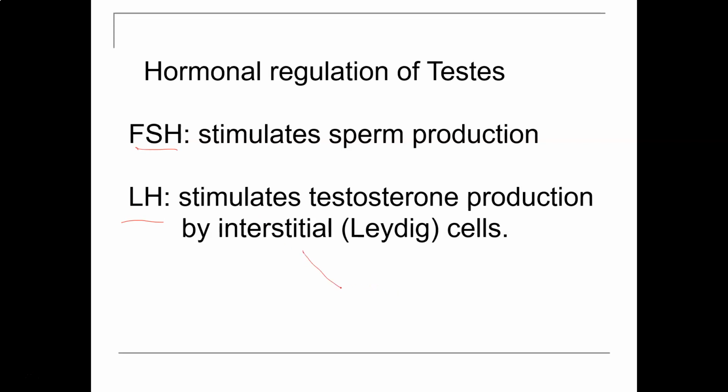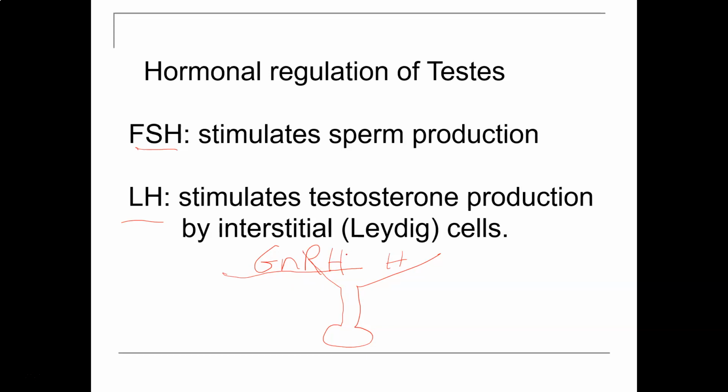Here's the hypothalamus up here. If you recall, that makes a hormone called GnRH, although you might have learned it as FSH, LH releasing hormone. But now I would like you to learn its correct name. GnRH, gonadotrophin releasing hormone. It's on the next slide if you want the spelling.